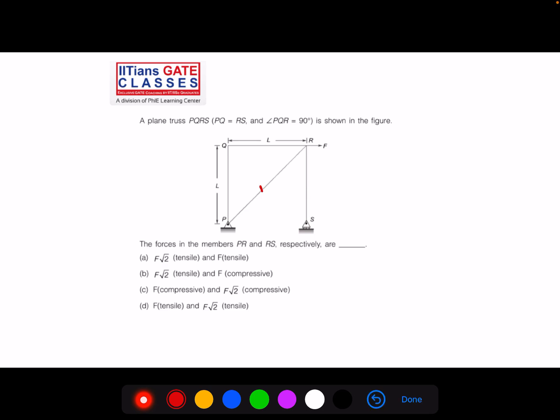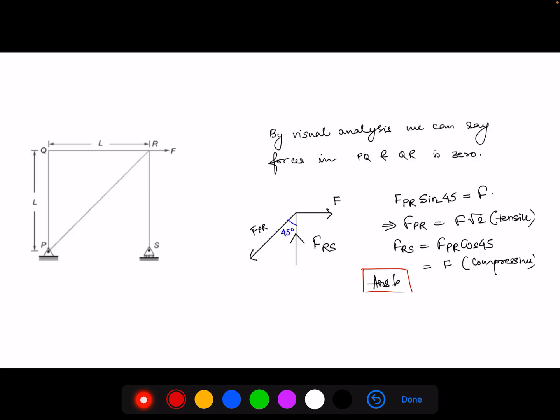Now here in this question, just by observation, or you can say just by analytical analysis, you can say the forces in these 2 links will be 0. Why?